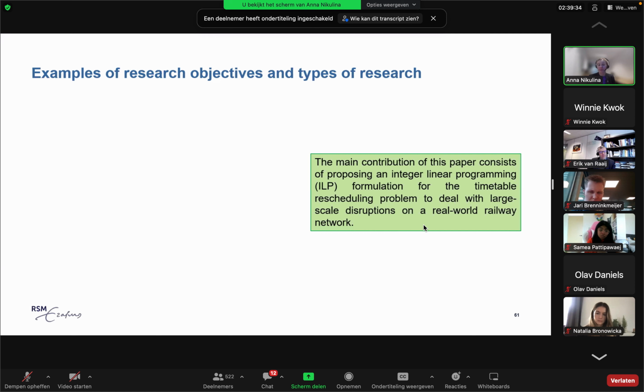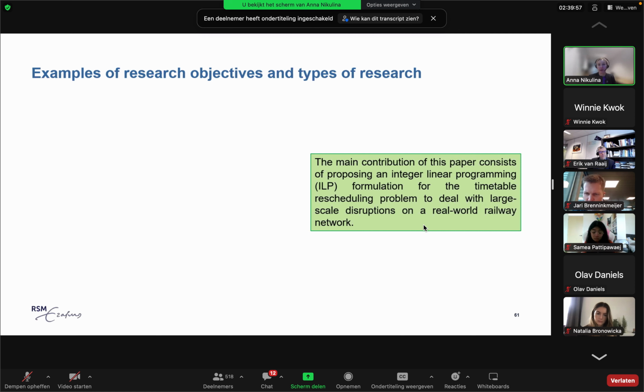Next one. I think that's also a pretty easy one. We want to find a model for the timetable rescheduling problem, to deal with real-life, large-scale disruptions of the railway network.